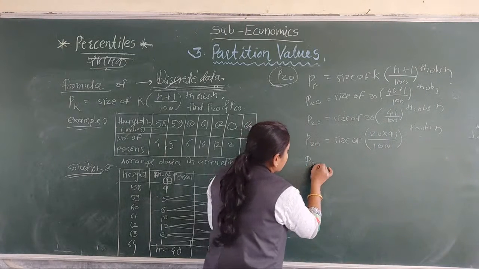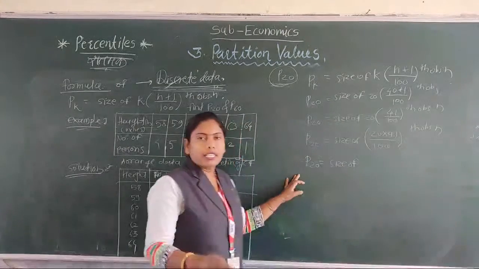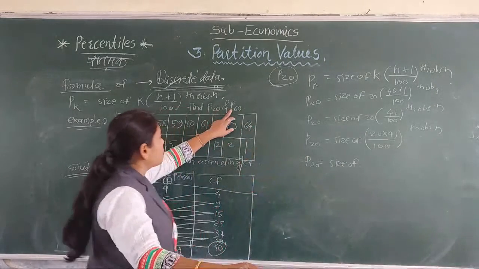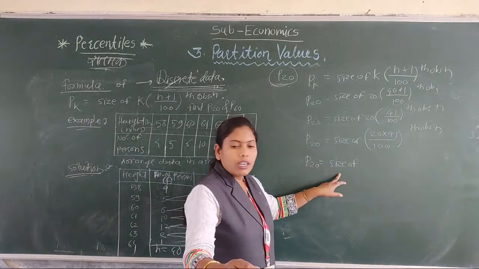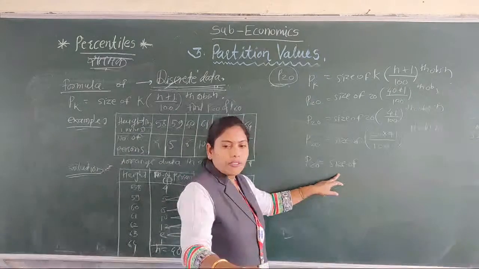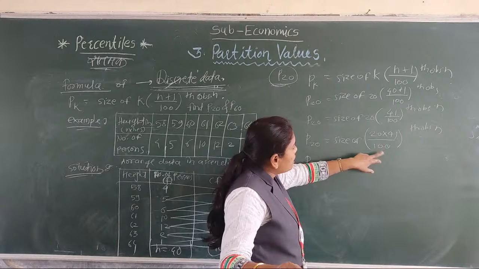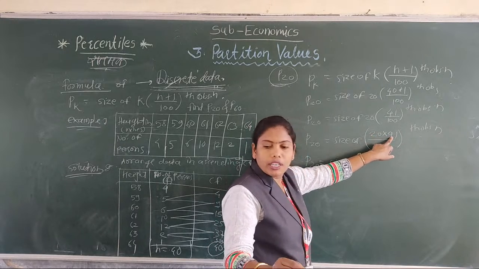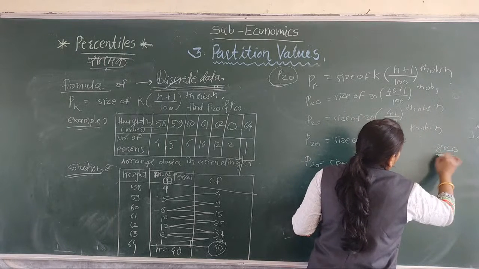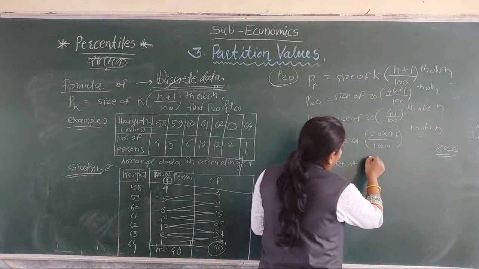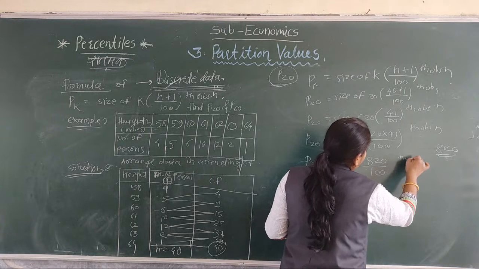Then next step, P20 is equal to size of, listen carefully students. Calculating the P60 is your homework. Okay, P20 is equal to size of the answer of 20 multiply 41, which is equal to 820. So here 820 is divided by 100 observation.